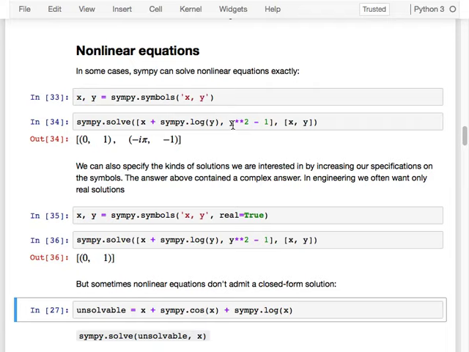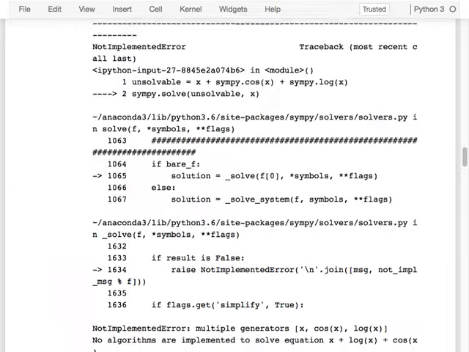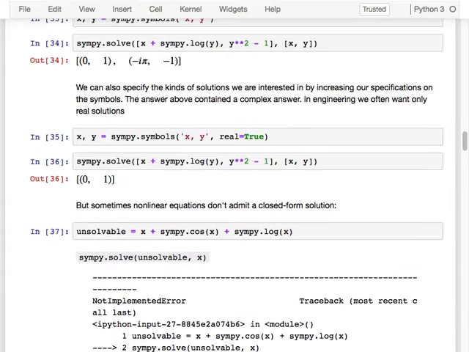But SymPy can solve that really trivially in weird and unexpected ways. And I apologize for this, but unfortunately there is no general rule to determine whether an equation is solvable. So I think the basic idea is try it and see. And if SymPy can't do it, then we can resort to numeric methods.